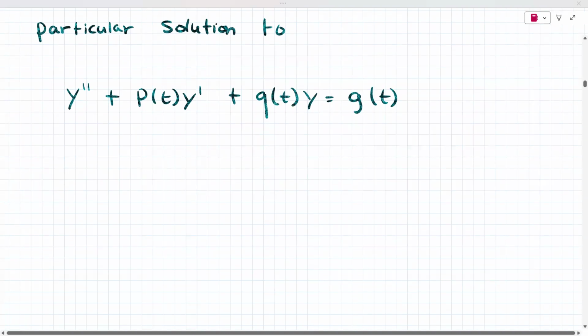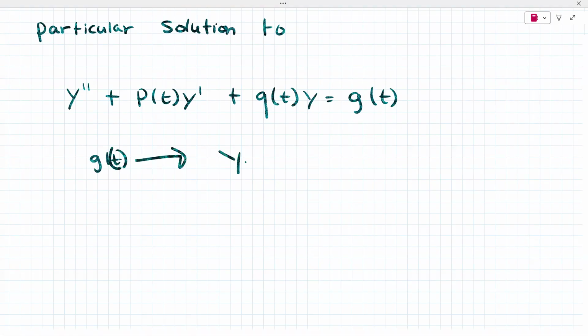So let's say we had g of t, and we've got to find our guess for yp. If you have a constant and an e raised to the rt, the guess would be A e raised to the rt.